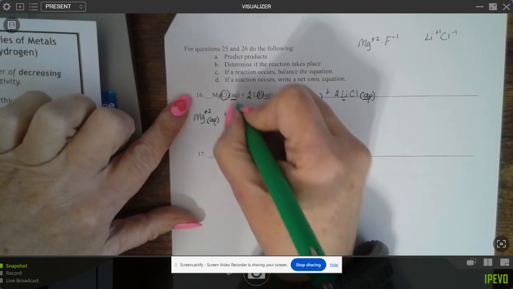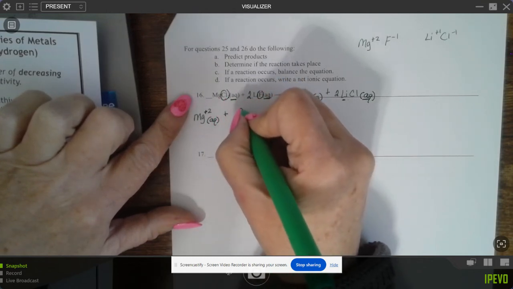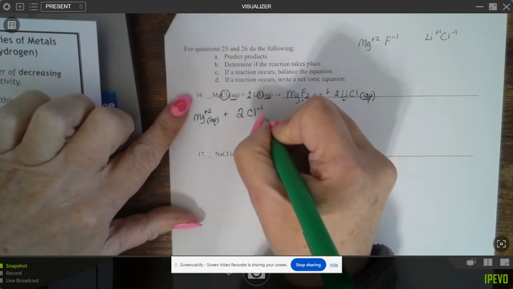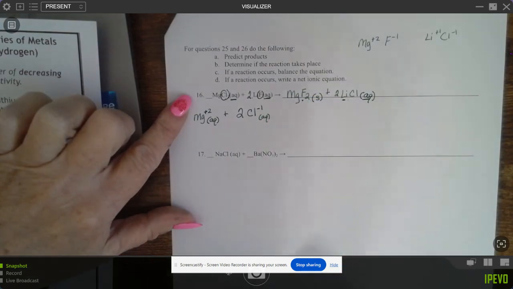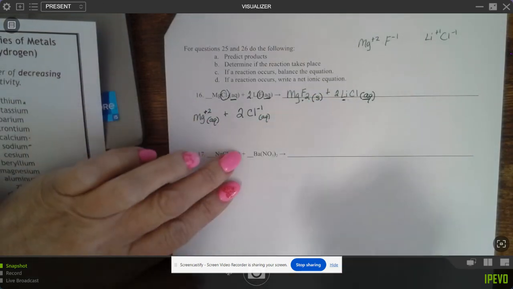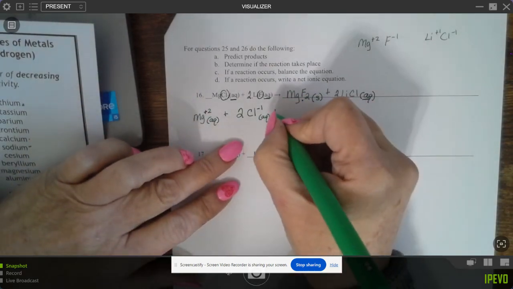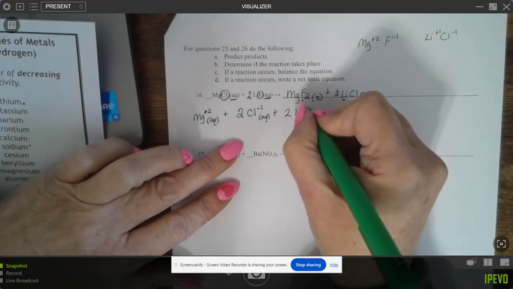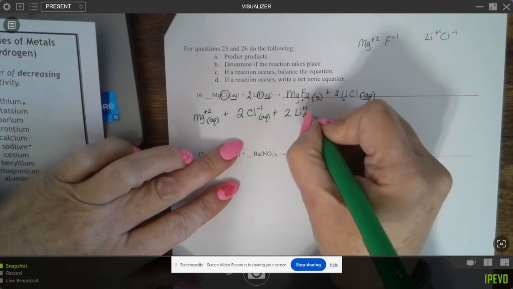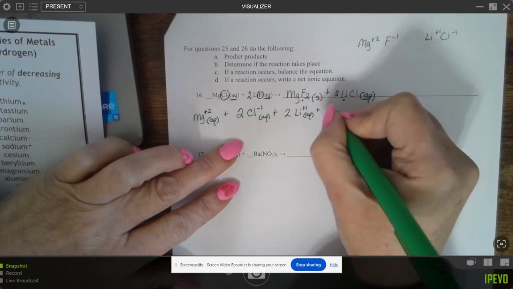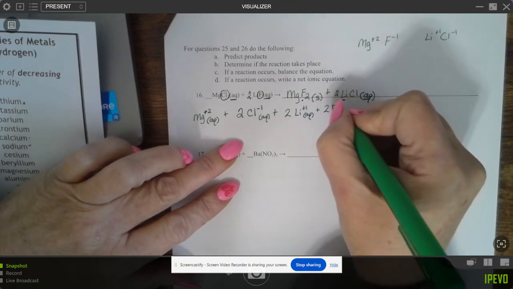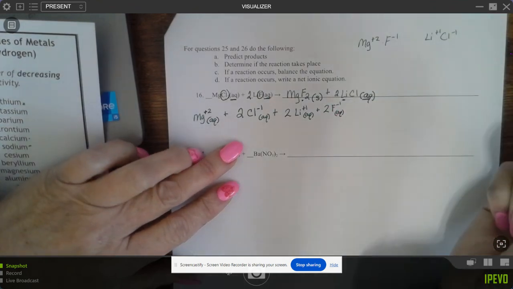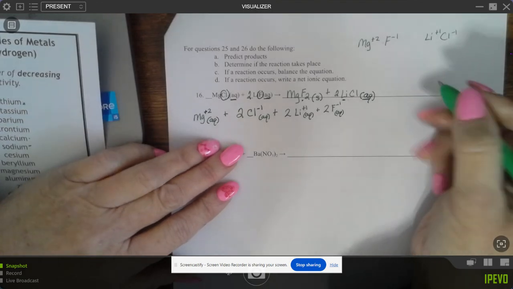Plus, it's Cl2, so we need to put that 2 out front because we have 2 chloride ions: 2 Cl minus AQ. And then lithium fluoride, there's a 2, so we have 2 lithium plus 1 AQ plus 2 fluorine AQ. Lithium's +1, fluorine's -1.